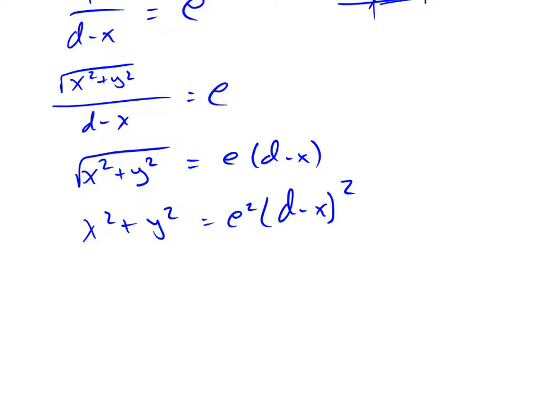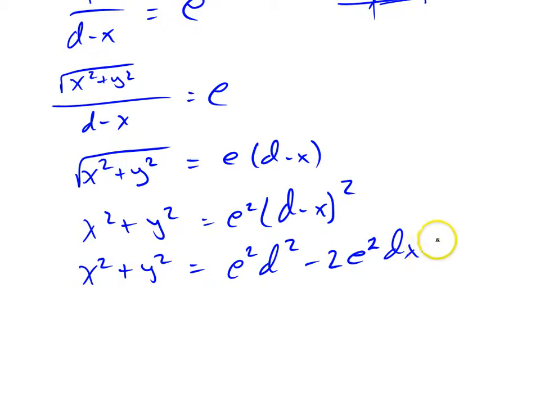Anyway, you can see now when I multiply it out, x squared plus y squared equals e squared d squared minus 2e squared xd. Actually, let's put it as dx, plus e squared x squared. This is all x's and y's to either the first or second power.